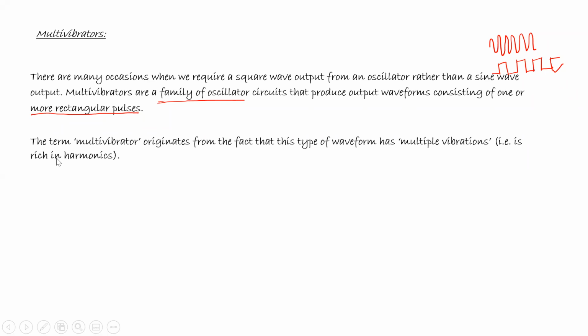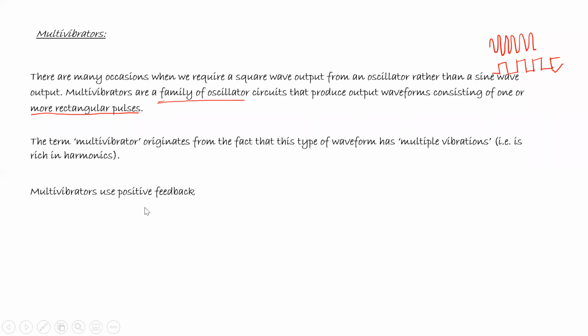In other words, we can say they are rich in harmonics. Harmonics means generating vibrations of the same frequency. So they have multiple such waveforms with the same frequency, so it is said to have large harmonics. Understand that? So multivibrators are those which generate multiple vibrations, or in other words, they are rich in harmonics.